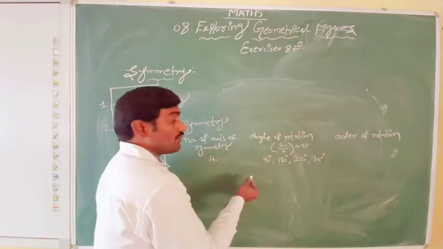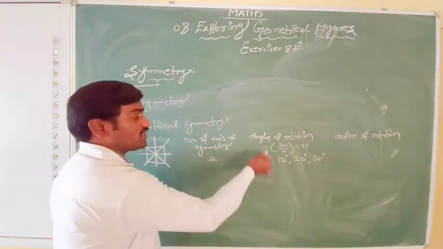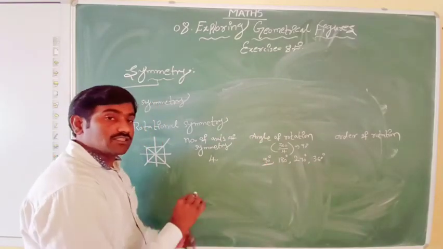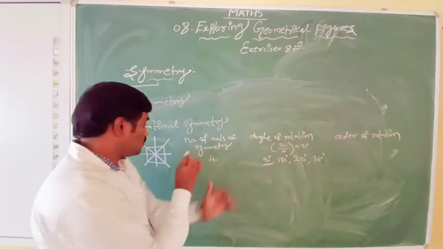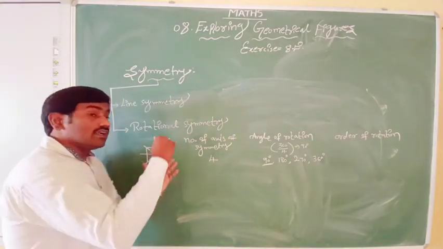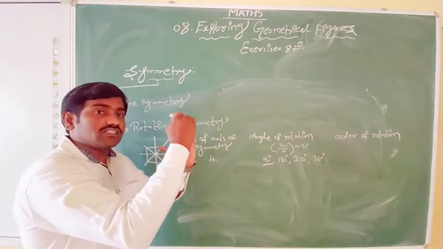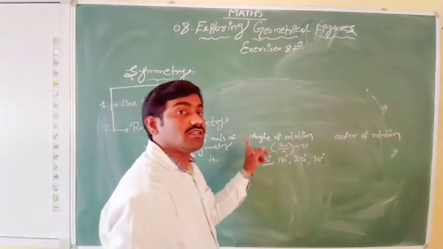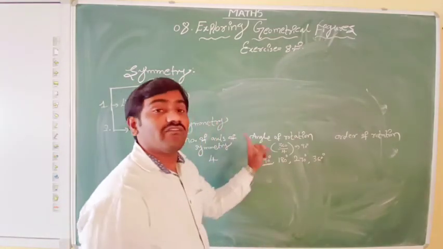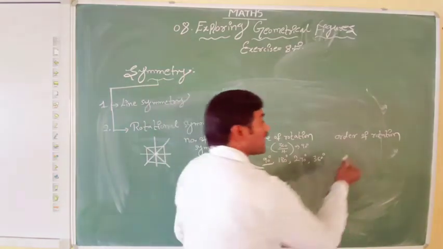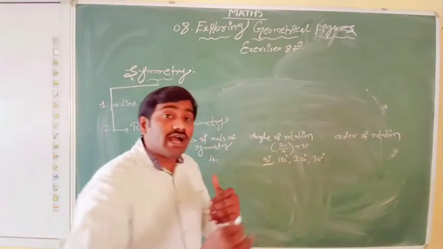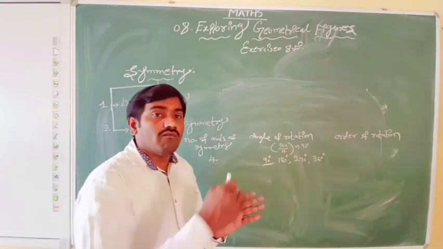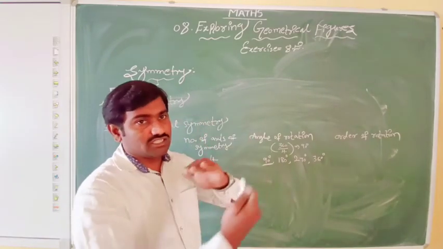So the angle of rotation of a square is 90 degrees. That means when you rotate a square through the center point, it gives us the same shape as before at an angle of 90 degrees. Order of rotation means how many times it looks the same as before while rotating through 360 degrees.